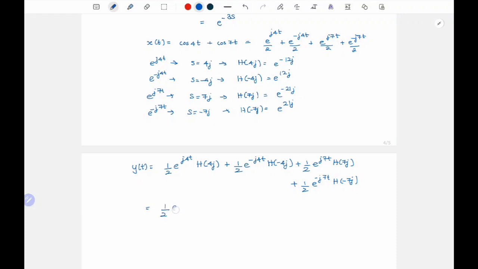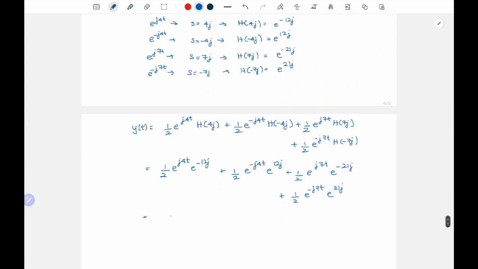So this is half e^{j4t} e^{-12j} plus half e^{-j4t} e^{12j} plus half e^{j7t} e^{-21j} plus half e^{-j7t} e^{21j}.